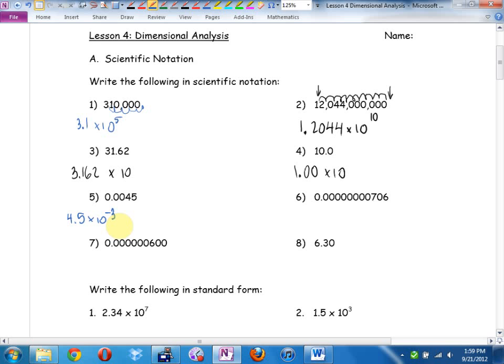Definitely number 6 I would write in scientific notation. Roy, what am I going to write? First digit, what am I going to write? For example 6, the one that we're currently on. 7.06 times 10 to the negative what?